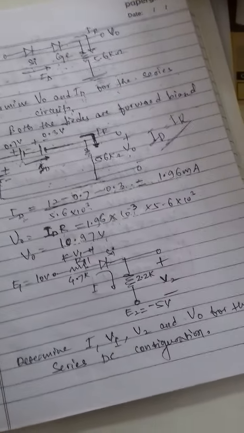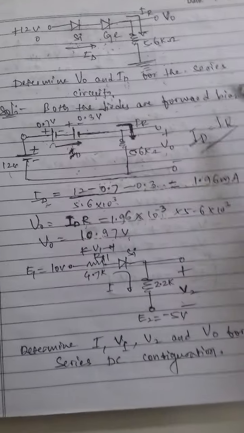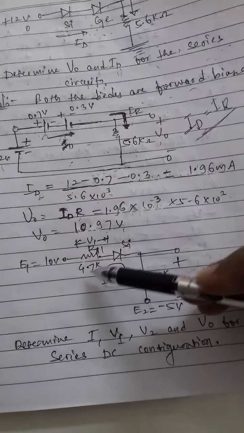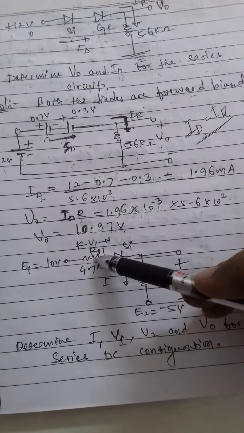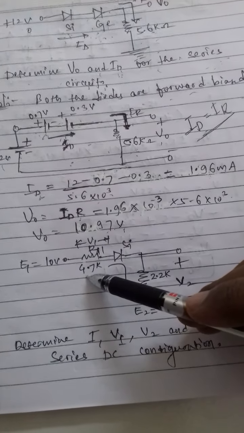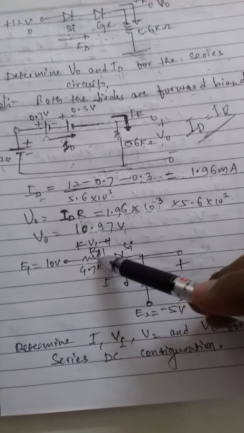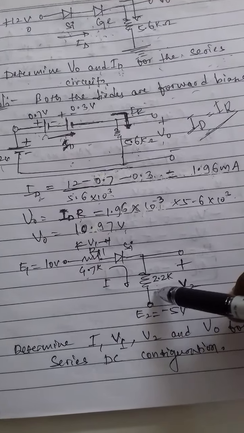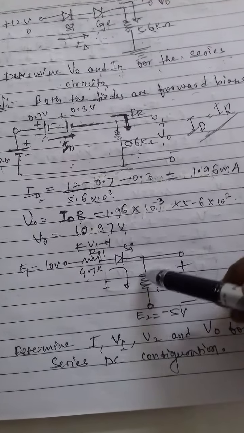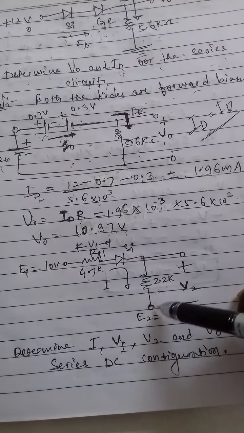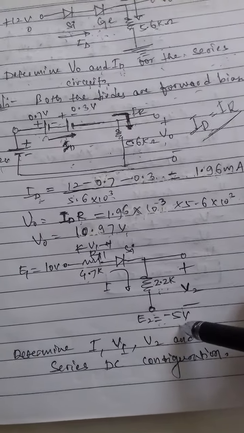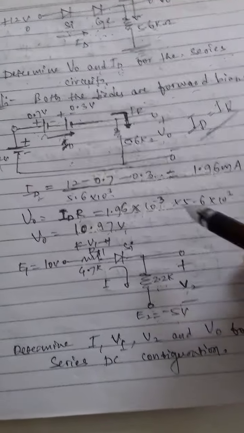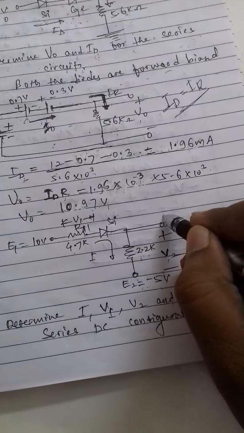Now, similarly, we shall consider another example of diode circuits. 10 volts is the input, resistance R1 is 4.7 kilo ohms with the voltage across it V1. At the output, a load resistance of 2.2 kilo ohms with voltage V2, and a battery of E2 equal to minus 5 volts.